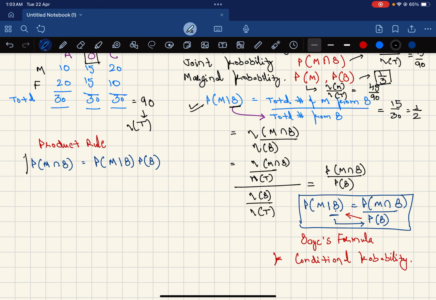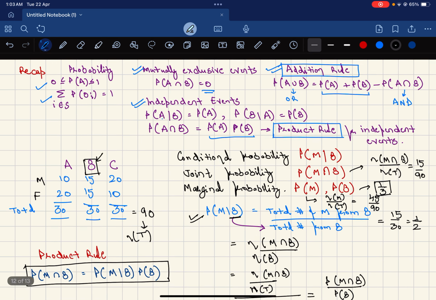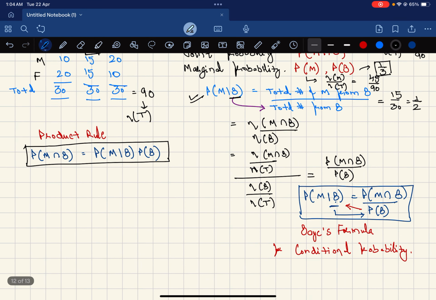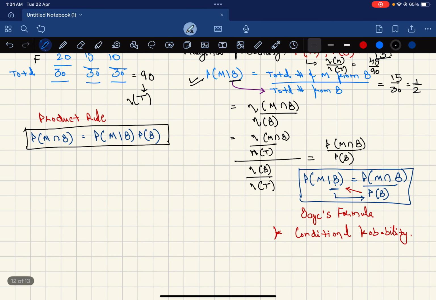So this is nothing but a generalized product rule. Earlier we saw the product rule only for independent events. Now we have a generalized product rule of probability.